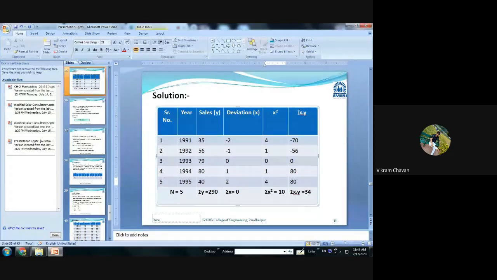Now next we have to write down the product of deviation and sales value for the particular year, that is x multiplied by y.